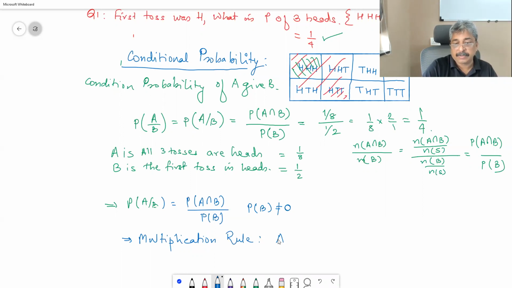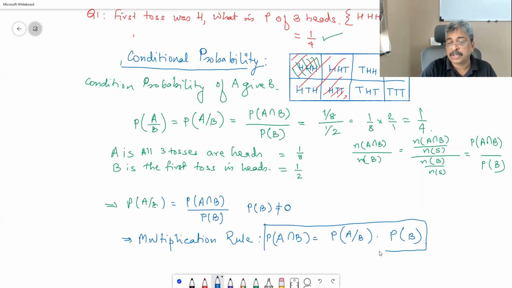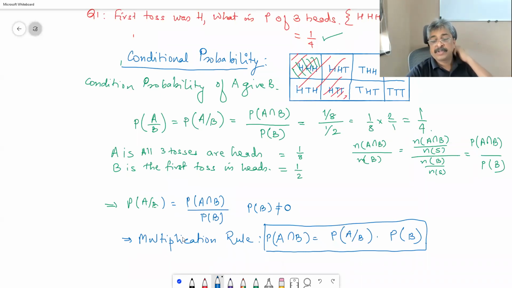That is, probability of A intersection B is equal to probability of A given B into probability of B. This is yet another important result that you have.